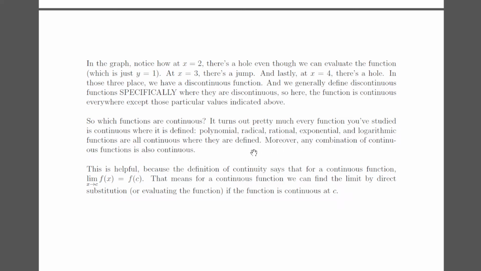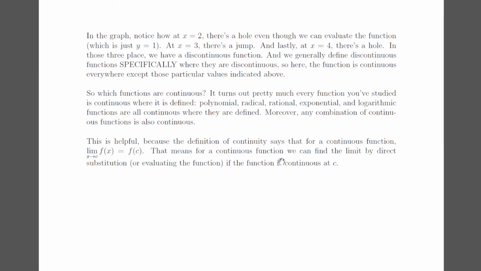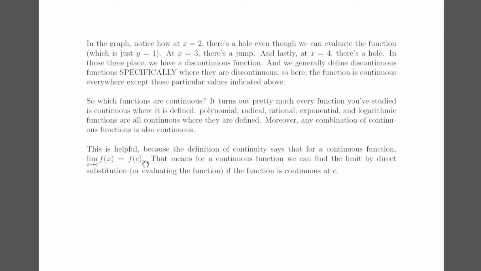Moreover, any combination of continuous functions is also continuous. The nice thing about that is it's helpful because the definition of continuity says that for a continuous function, the limit has to equal whatever we evaluate at that particular point. So we can find the limit by directly substituting, like what we did last time when we had a polynomial function.